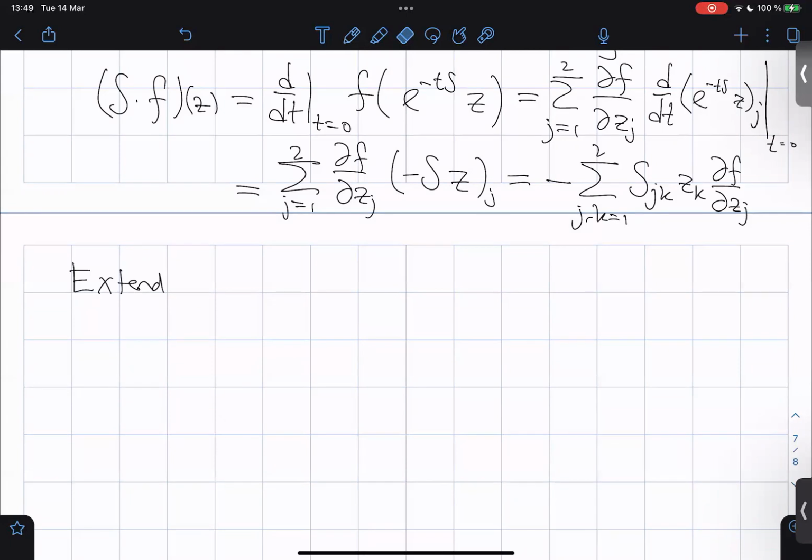You talked about this already with complexification, but let me state it: we can extend this uniquely to a representation of the complexification.